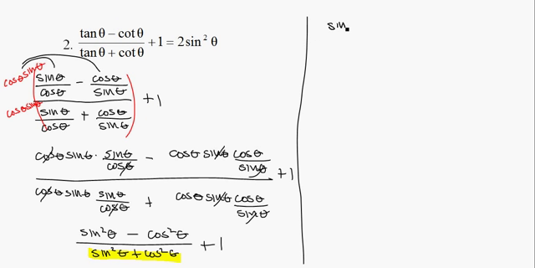So I have sine squared theta minus cosine squared theta all over 1 plus 1. So this is sine squared theta, and this right here is just equal to sine squared, because 1 minus cosine squared is sine squared, so that's plus sine squared. Sine squared plus sine squared is 2 sine squared, and I'm all done.